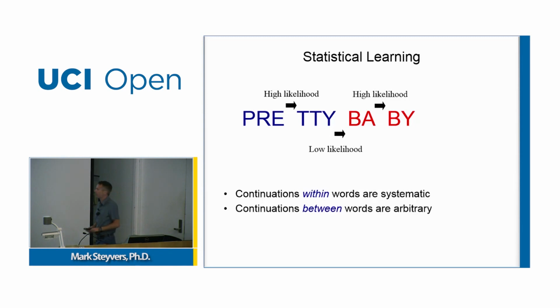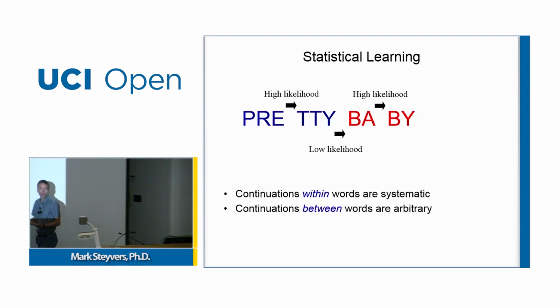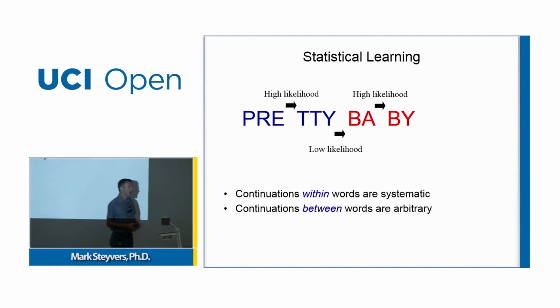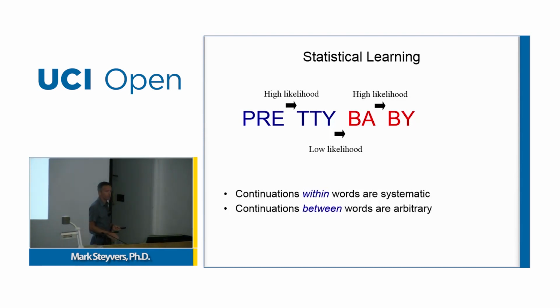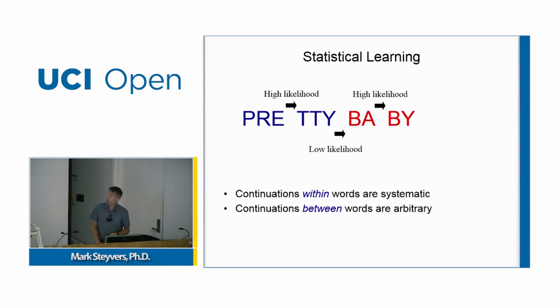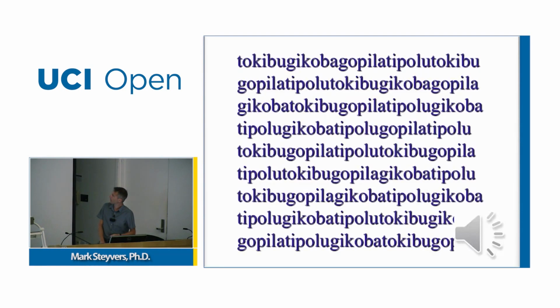So the proposal here is that infants will make this assumption that transitions within words are quite systematic, that they follow some patterns, that transitions between words are more random or more arbitrary, and that the differences in these statistics can be used to infer word boundaries and word units.